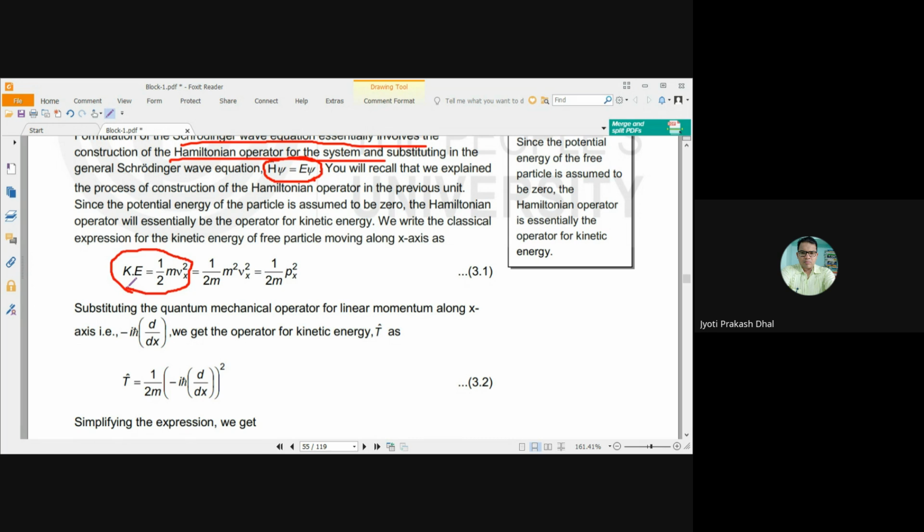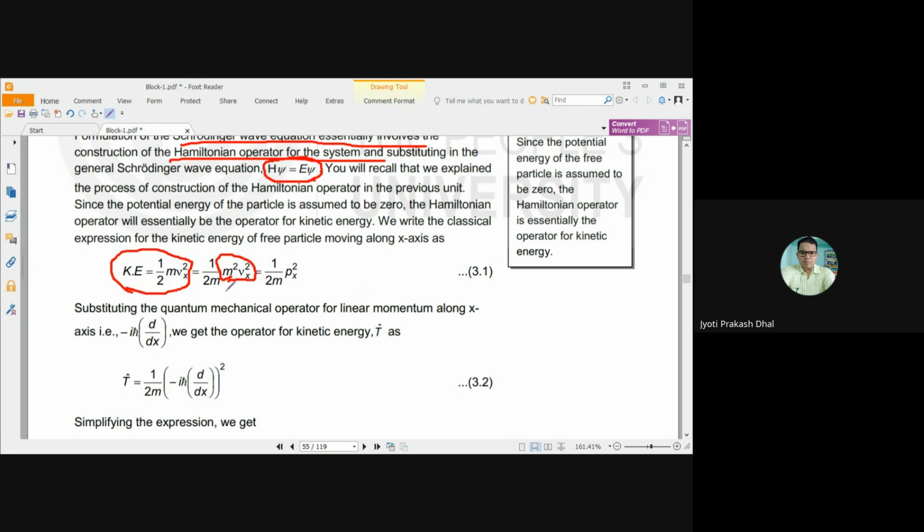So kinetic energy equals half m vx square, which equals 1 by 2m times m square vx square. That means we are multiplying m in the denominator and numerator also. We know that mv is the mass into velocity, that is the momentum.